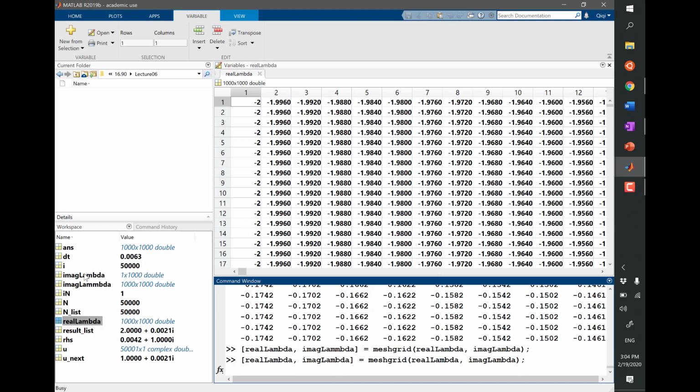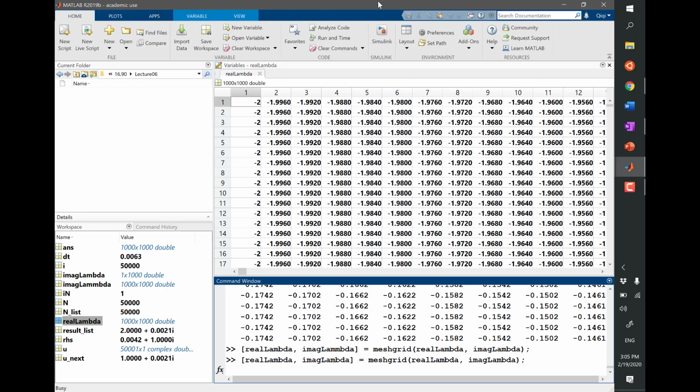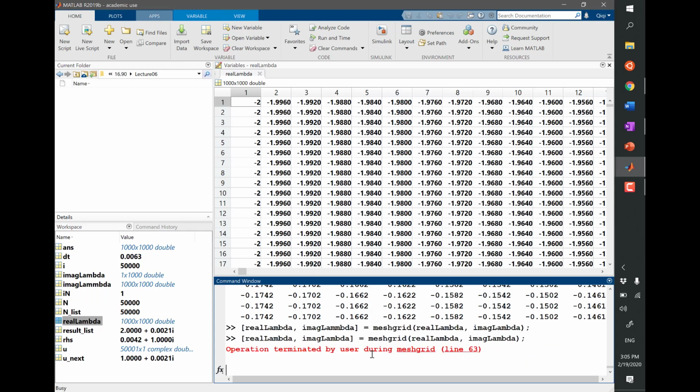I had the real lambda being already huge. How do I stop it? Does anybody know where the stop button is? Oh, okay, it's good.